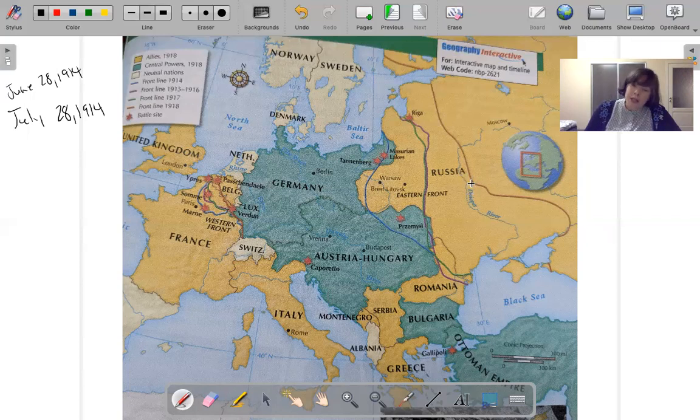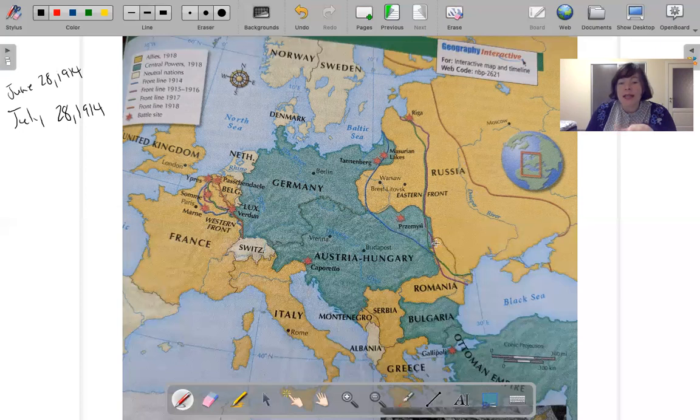Then when Russia said yes, Germany declared war on Russia. You got all that? So Austria-Hungary declared war on Serbia. Serbia asked Russia for help.